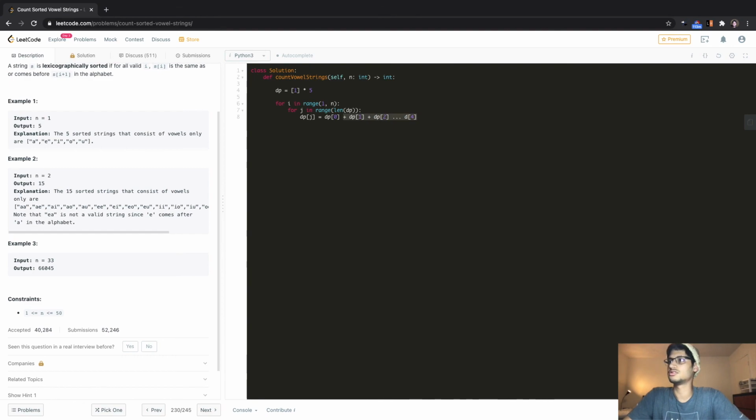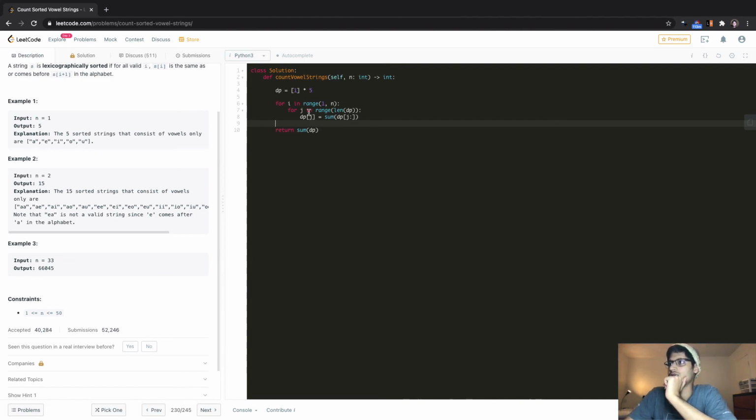That's equivalent to saying the sum of dp[j] from j through the last index, and that would give us the number of strings ending in each individual character, for a's and e's and i's and o's and u's, and so we would just have to sum them all up, and hopefully that makes sense.